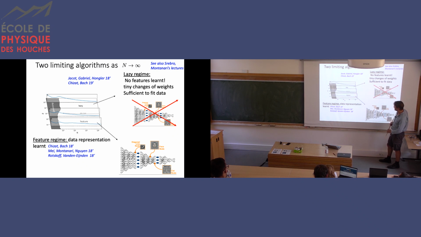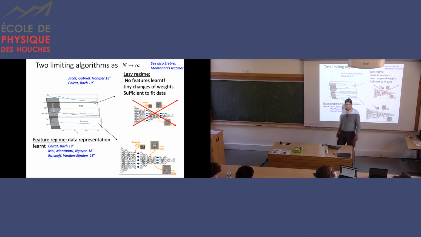Okay? So you have those 2 limits, and the kernel limit is much better understood than the feature regime, which is more nicely formulated for one hidden layer. Even there, quite many things are understood, but not completely, and when you're deep, it's still a challenge to understand what this limit does in general.